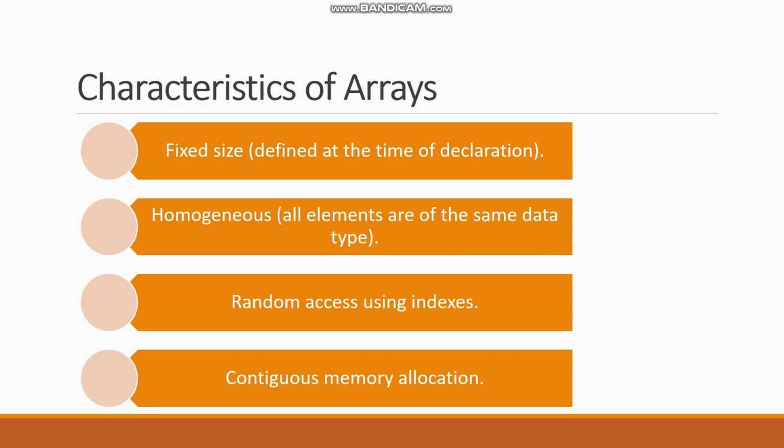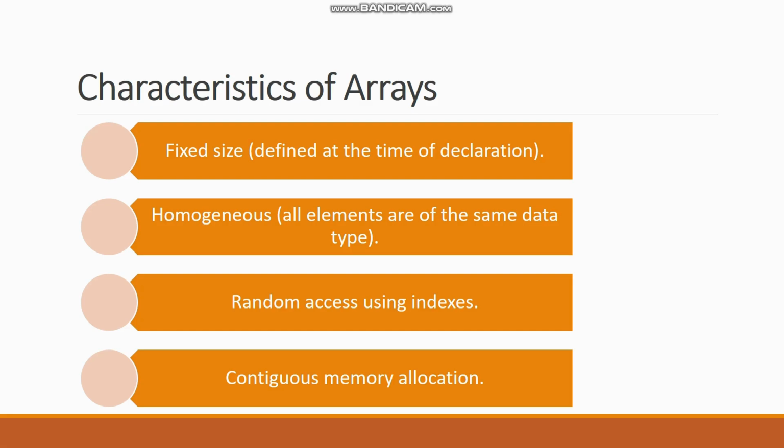Now let's see the different characteristics of arrays. It is of fixed size. That means when you are declaring an array, at that time itself you have to give its size. Then homogeneous. Homogeneous means all the elements are of the same data type.